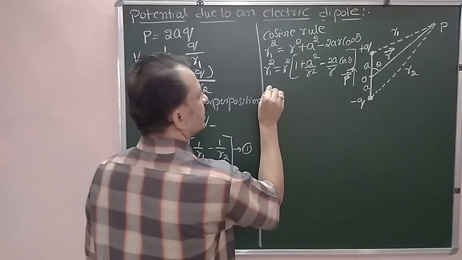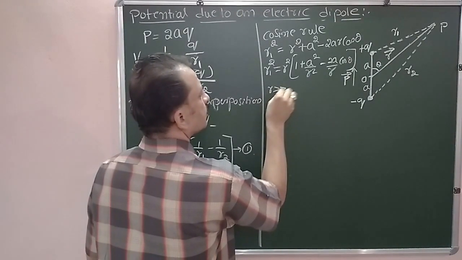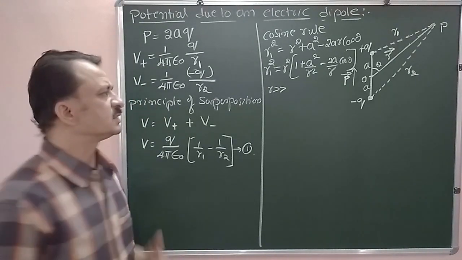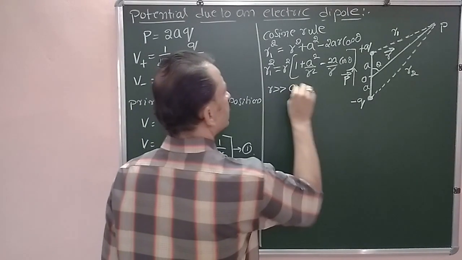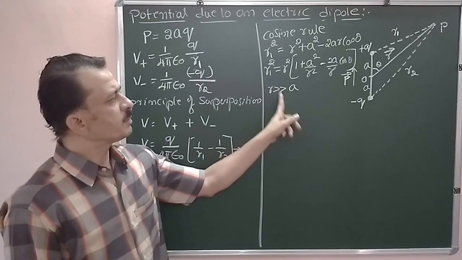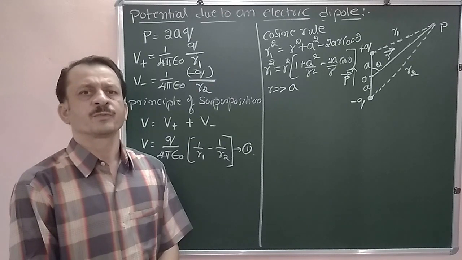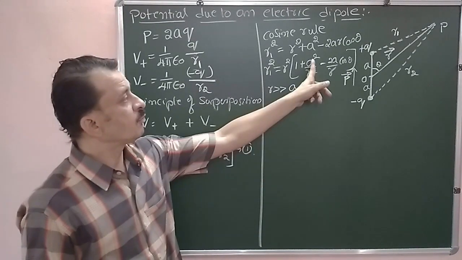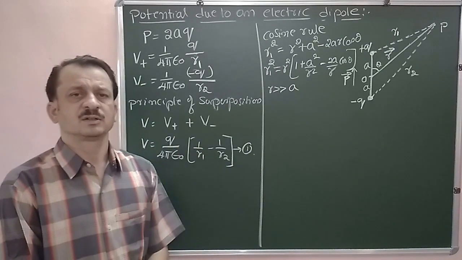Now let us assume that the point P is at a very large distance compared to the separation between the two charges. For r very much greater than a, we neglect the higher order terms of a by r.